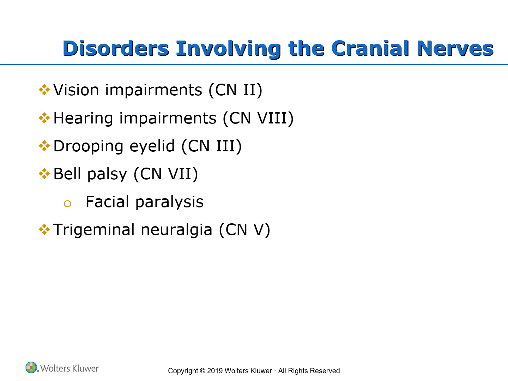There is a condition that involves the facial nerve, or nerve number 7, that is a partial facial paralysis called Bell palsy, and that will be seen on only half of the face. It's usually following a viral infection, and it's considered to be an autoimmune condition.